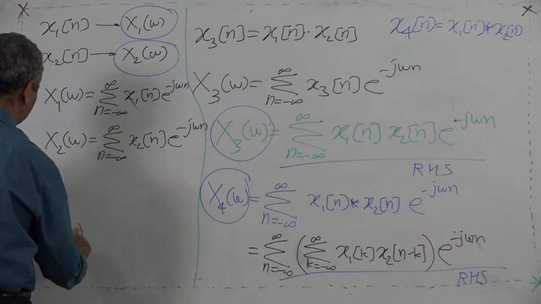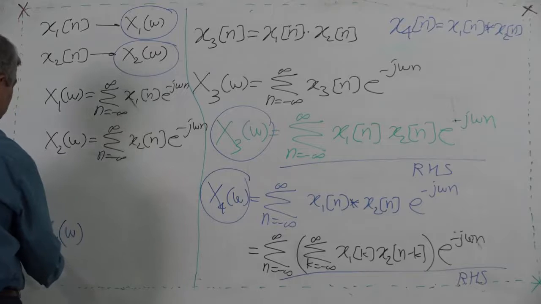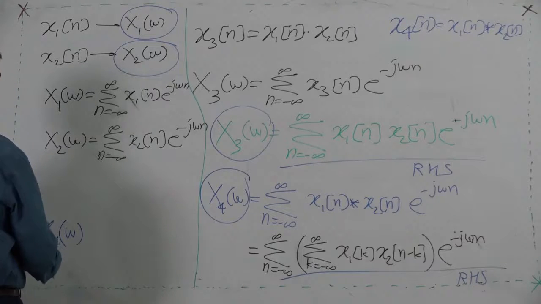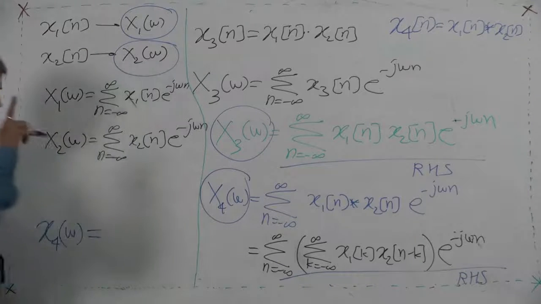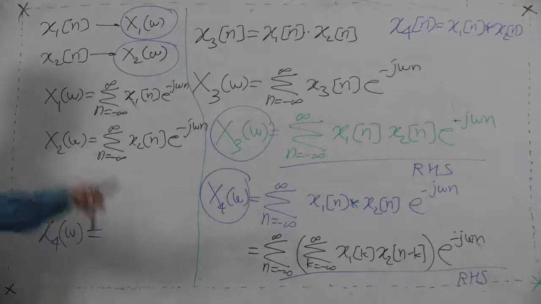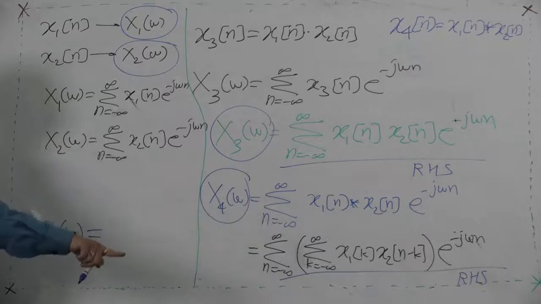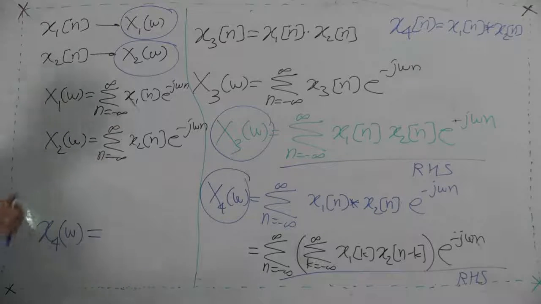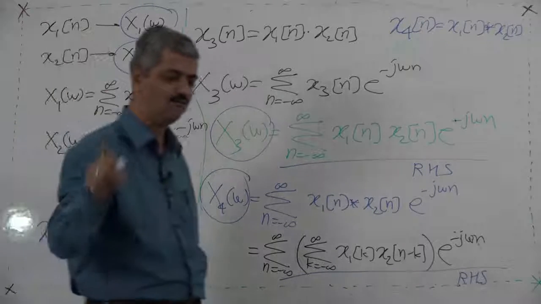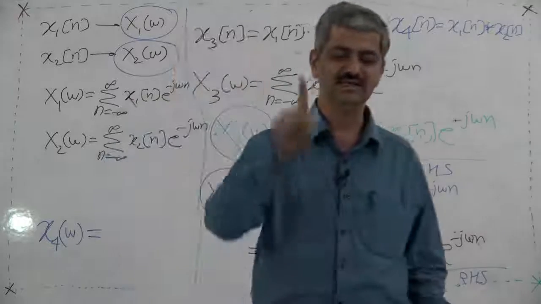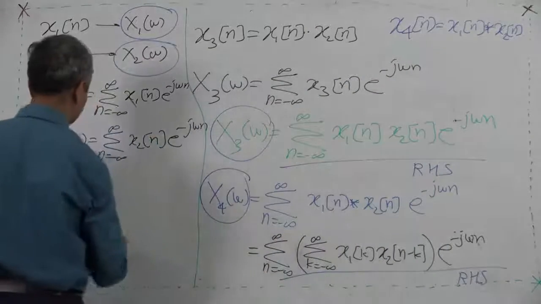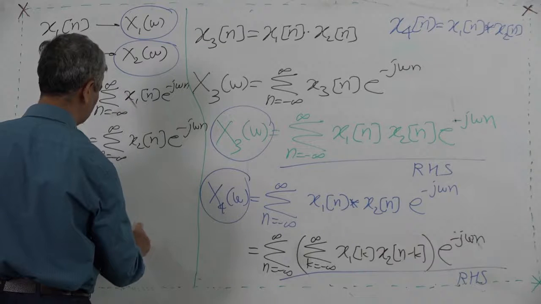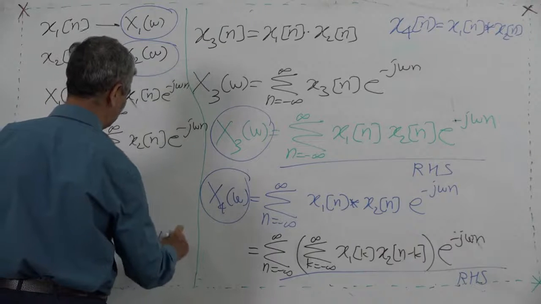What is x4[n]? x4[n] is the convolution of the input sequences. The DTFT of convolution is the multiplication of transforms. So the transform of the convolution of sequences is the multiplication of the individual transforms. So X4(omega) is X1(omega) into X2(omega).